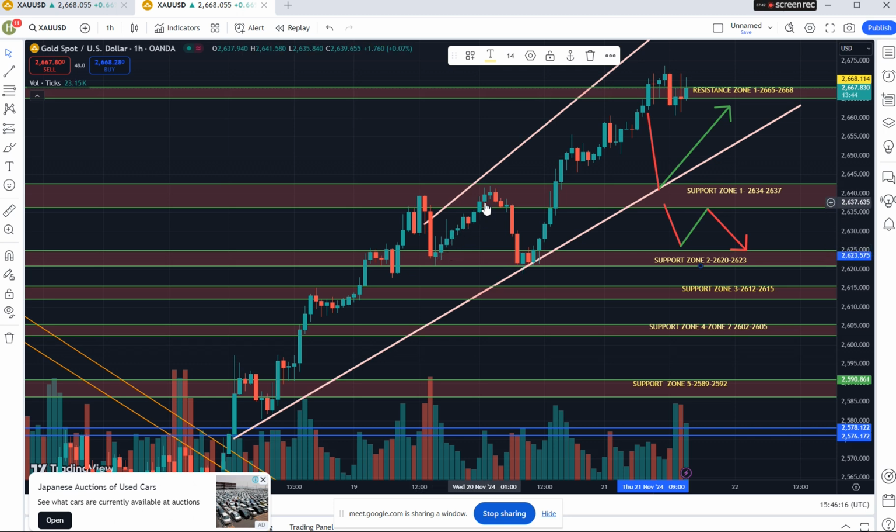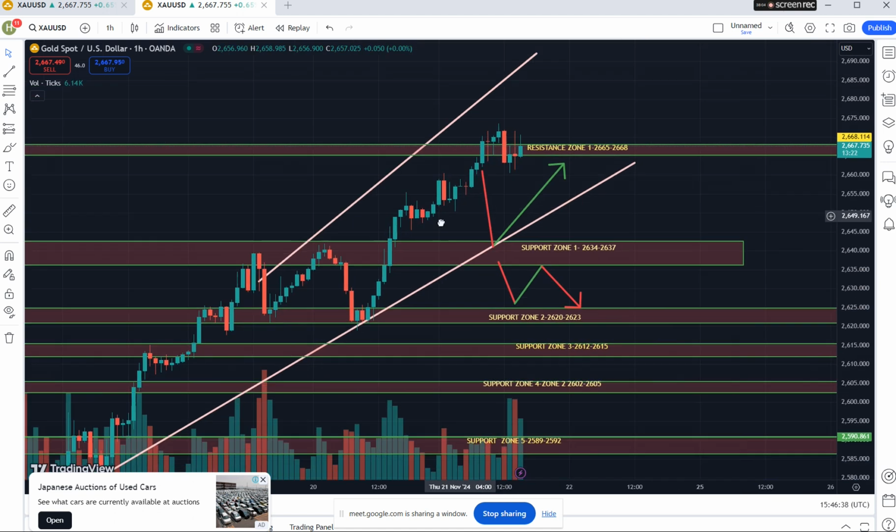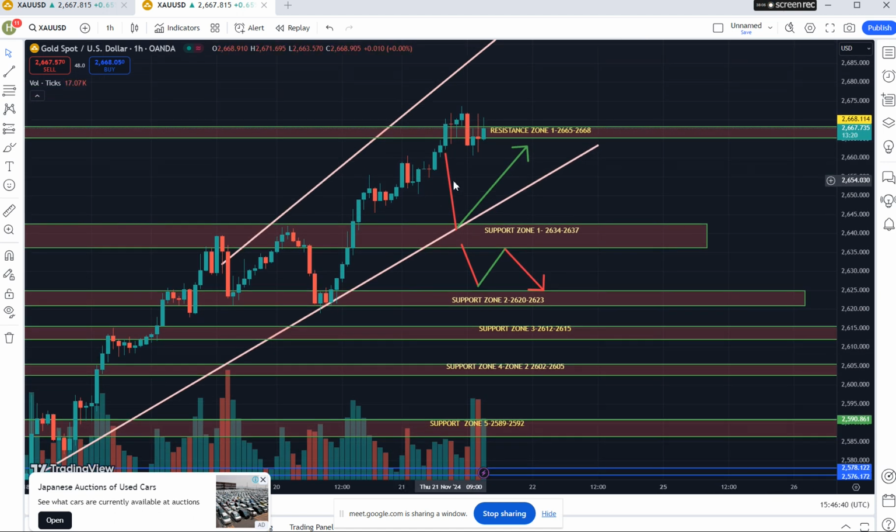It took some more hours, and the market bought back to resistance. Then sellers rejected, with confirmation from selling, and the market sold back to support. Then the market didn't go beyond support, and the market bought again. So when it comes to the hours, we don't determine how long it takes.